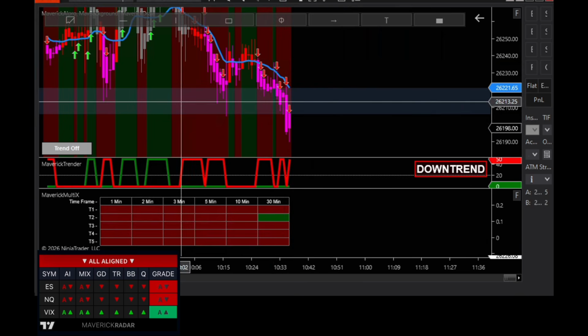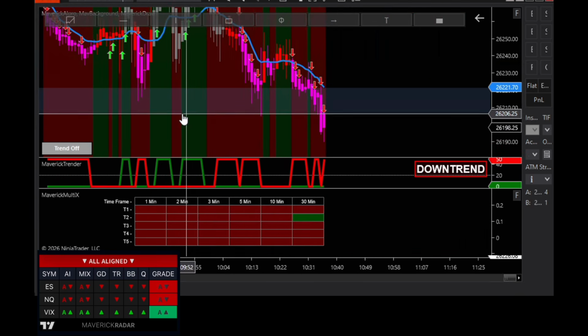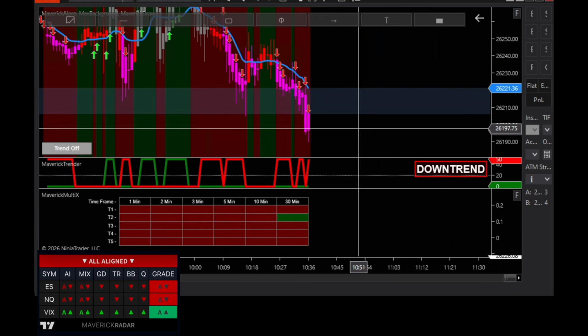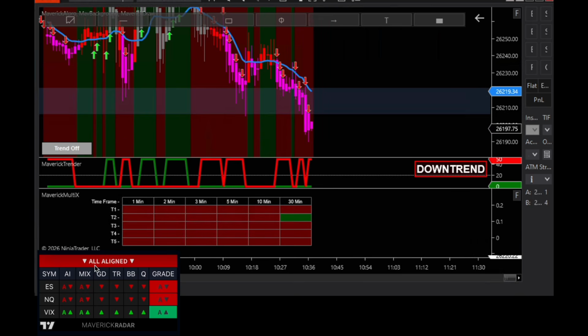You just saw what happened there. We broke that support level that we have not been able to break over and over again. And look, you get this all aligned signal down here, and you can set this as an alert, and bam, huge profit, 1 trade, only 2 contracts, unbelievable.